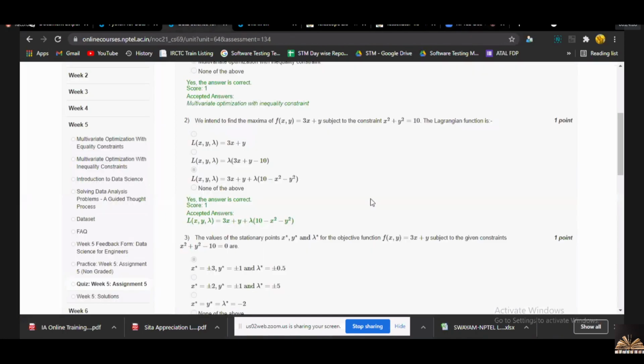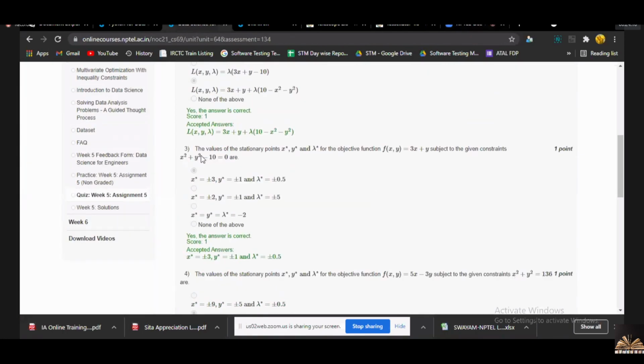Next, see the third question. What is the question asked? Find the values of the stationary points x star, y star, and lambda star for the given objective function, f of x comma y equal to 3x plus y, subject to the given constraint, x square plus y square minus 10 equal to 0.